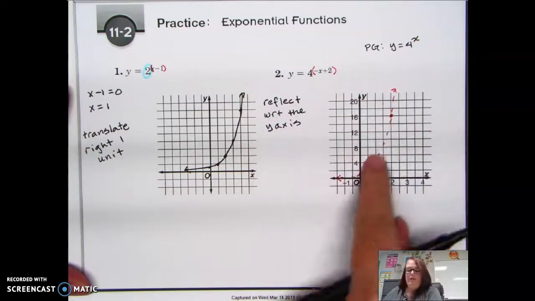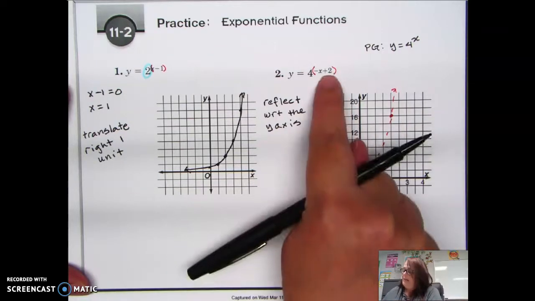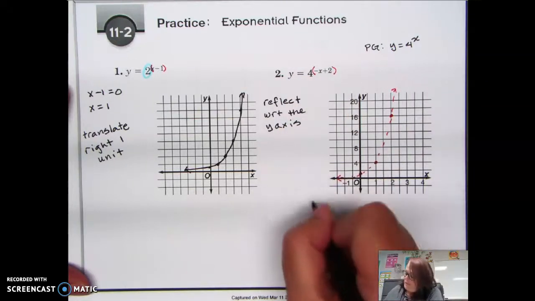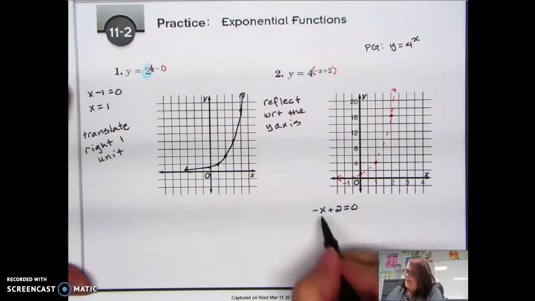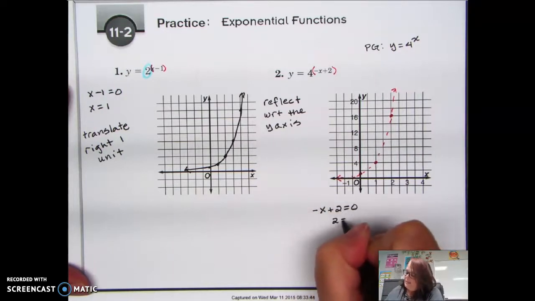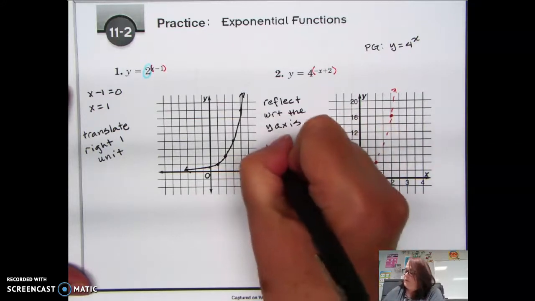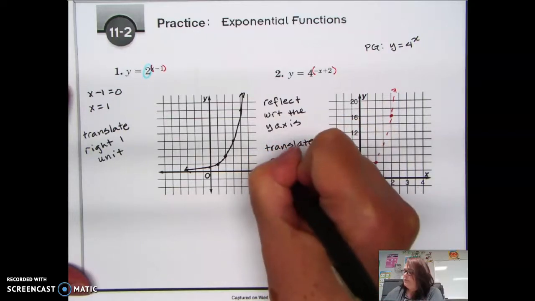So now instead of increasing to the right, we're going to decrease to the right. And then this plus 2 is still inside the parentheses. So if I take negative x plus 2 and set it equal to 0, I can add x to both sides and I get x is equal to 2. So if my horizontal translation is positive 2, that means that we're going to translate to the right 2 units.